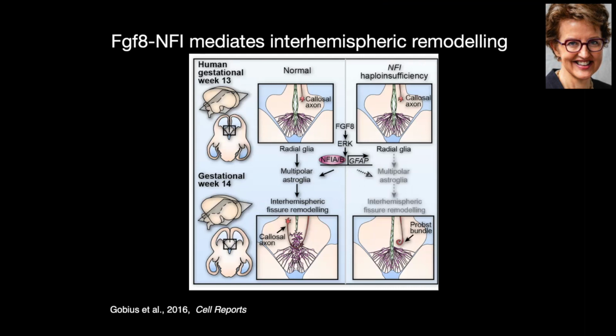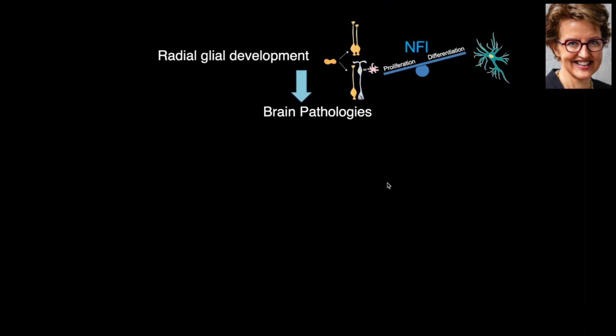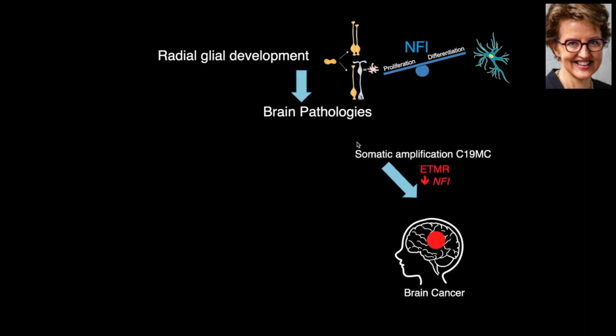So just to summarize this section, what we found is that radial glial development actually underlies these multiple brain pathologies that are seen in people. So this somatic amplification of C19MC is highly correlated with ETMR through a downregulation of NF1 genes. So remember that NF1 genes are required for differentiation. And so when you remove them, this differentiation step is very much impacted.